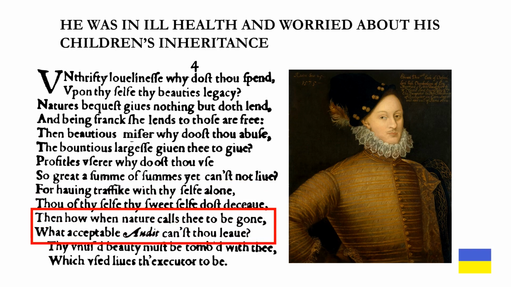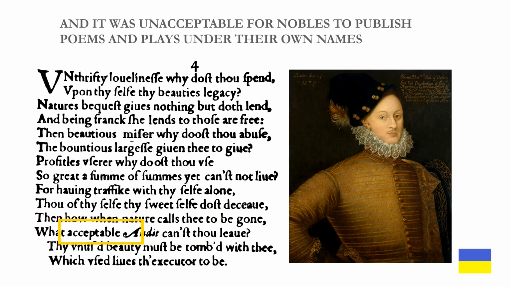He was in ill health during the latter part of his years and worried about his children's inheritance. Throughout his adult life, he was forced to sell almost every one of the estates that he had inherited, including the family seat of Castle Hedingham. And it was unacceptable for nobles to publish poems and plays under their own names.